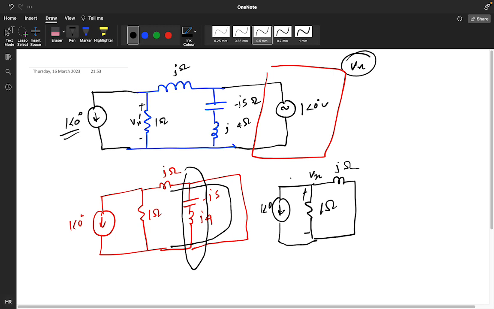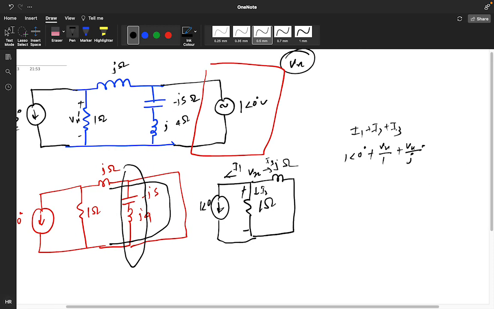I'm taking I1 current, I2 current, and I3 current. So I1 plus I2 plus I3. The value of I1 is 1 at an angle 0 degree. The value of I2 is Vx by 1. The value of I3 is Vx by j, equal to 0.